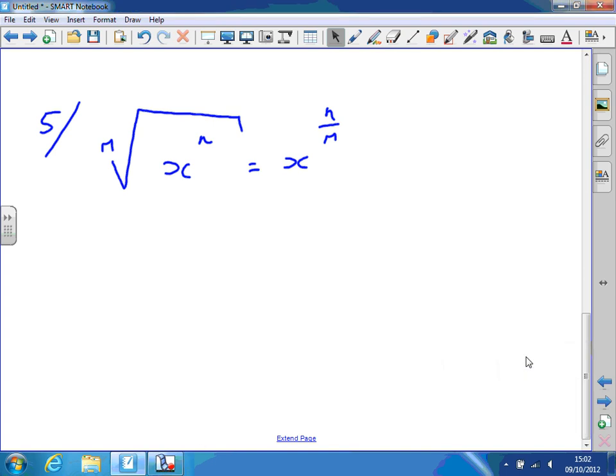For example, the cube root of x squared can be written as x to the 2 over 3. So the root goes underneath and the power of x goes on top.